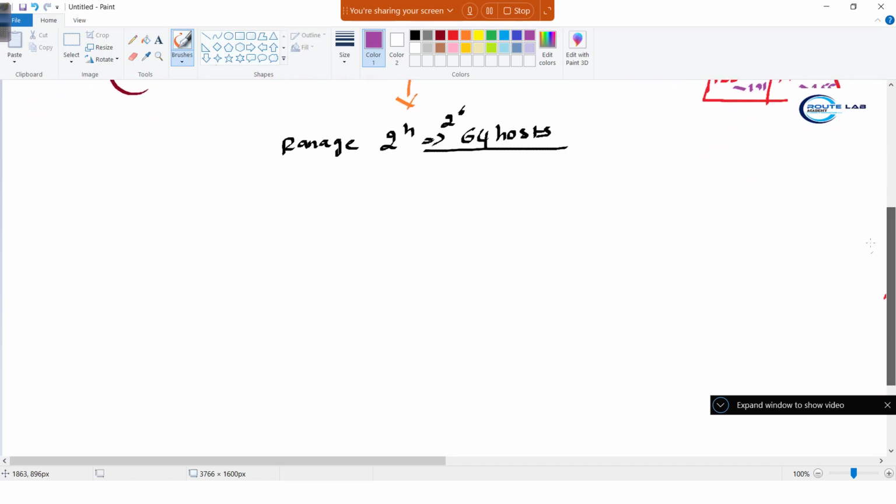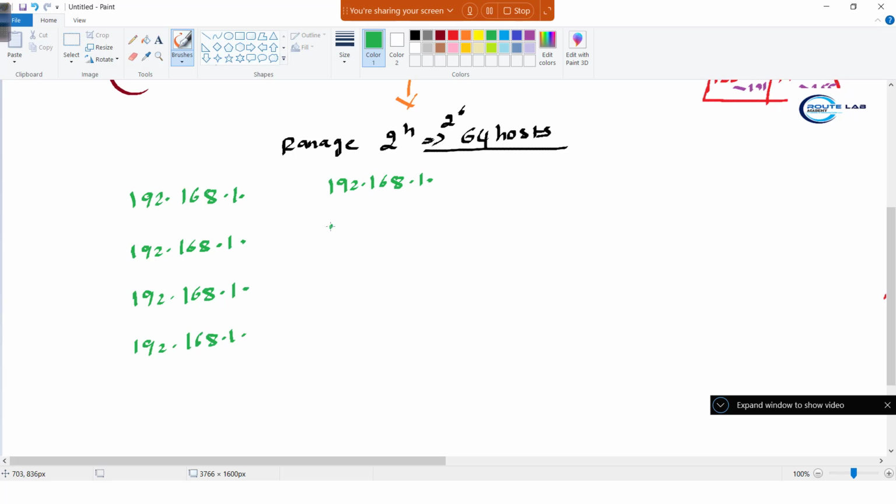So if I write this in fair, you'll get the addresses 192.168.1 dot, and here also you would write the same thing, 192.168.1 dot, in each block.